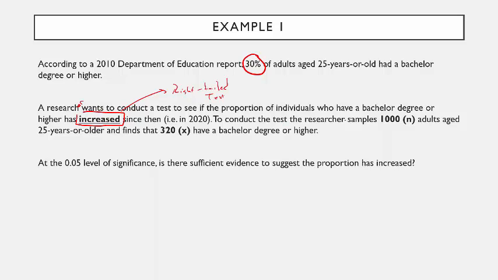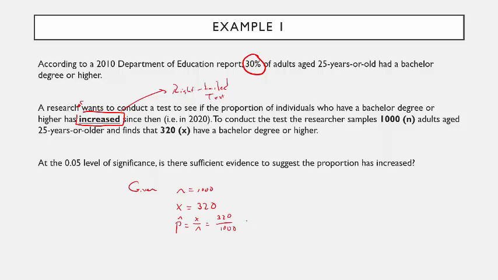To conduct the test, the researcher samples 1,000 adults. So look, you're given 1,000 adults, age 25 years or older, and finds that now, X, 320 of them have a bachelor's degree or higher. So what that means is you can actually find p hat, sample proportion.